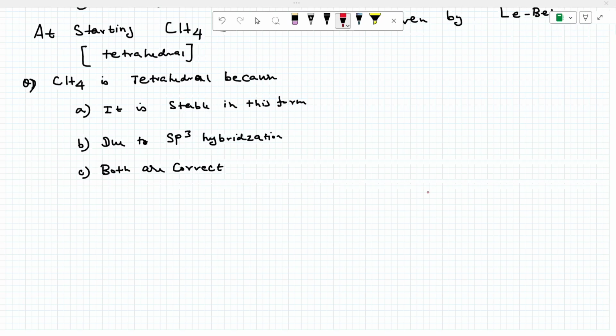Option B: due to sp3 hybridization. Option C: both are correct. CH4 is tetrahedral because of what? What is the answer? Anyone?